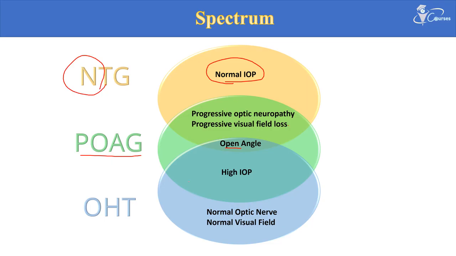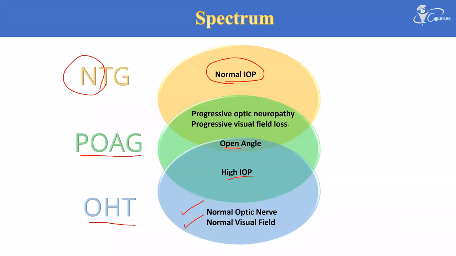The bluish circle: if a patient has an open angle with high intraocular pressure, but normal optic nerve and normal visual field, then this is called ocular hypertension. Now you know the similarities in the spectrum between these three diseases.